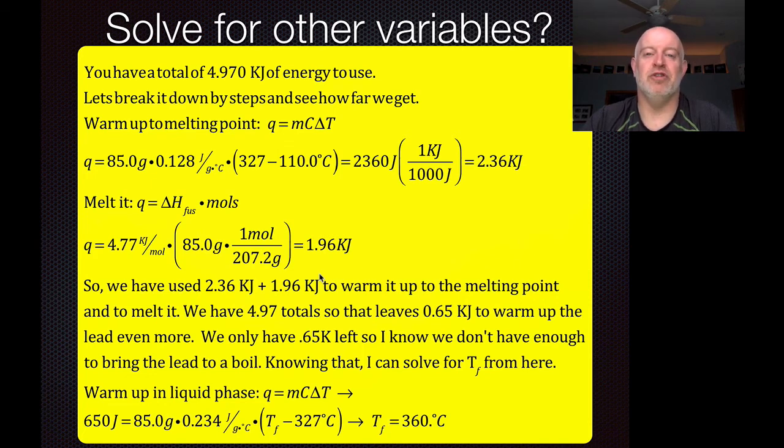So you could do a simple ratio and say, well, if it's going to take 1.96 kilojoules of energy to melt all of it, and let's say, for example, you only had 1 kilojoule, well, 1 over 1.96 is about half, so about half of it would have melted and about half of it would have been still solid. In either case, it all would have been the same temperature still, okay?